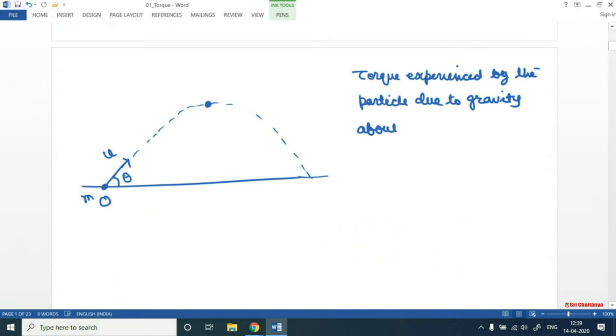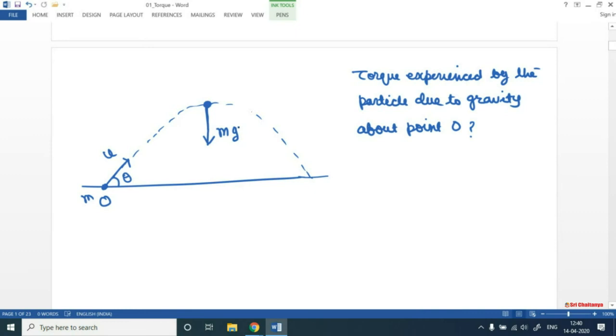So whenever we are asking about torque, a few things we need to understand. We are trying to find out torque experienced by what, due to what, and about which axis. So here we are trying to find out torque on this particle, due to the weight. Its weight is going to be vertically downward, which is equal to mg.